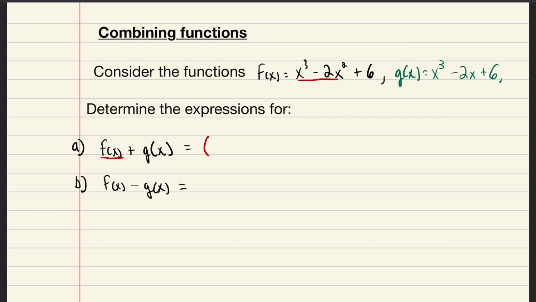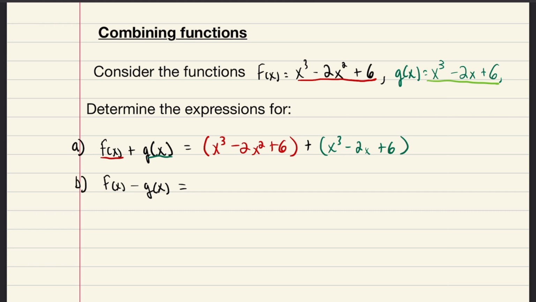We're going to substitute this into the function, so it'll be x cubed minus 2x squared plus 6. And then we're going to add g at x, which would be this function over here, and we would substitute x cubed minus 2x, and then this would be plus 6 as well.